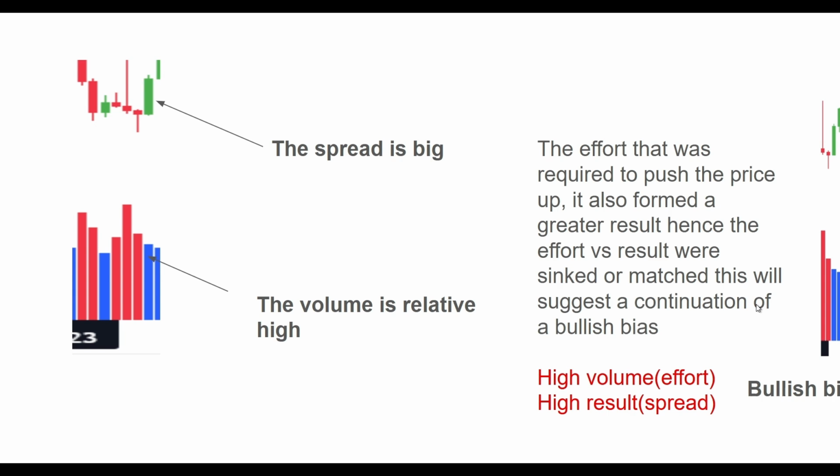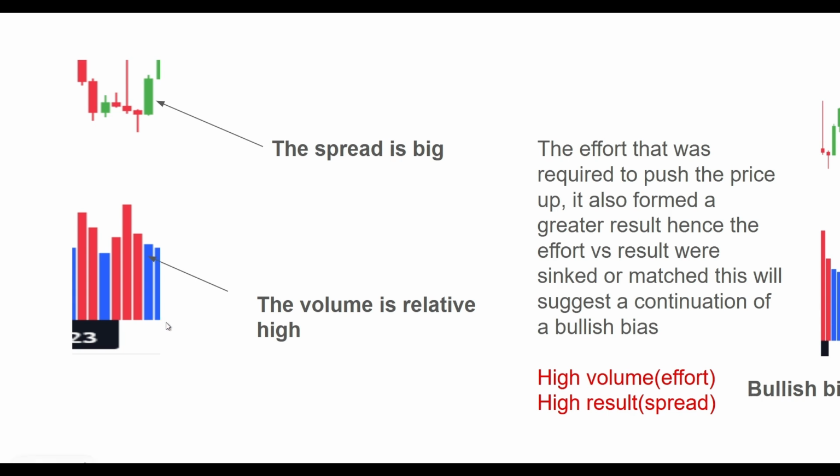So let's discuss volume and spread analysis in correlation with the bullish market. If you check, this is a bullish market. The spread is big, and we talked about the spread being from this high to this low, and the volume is also relatively high.